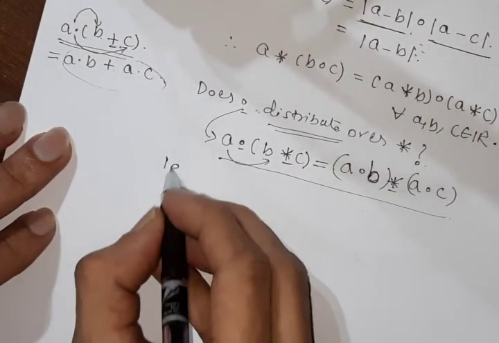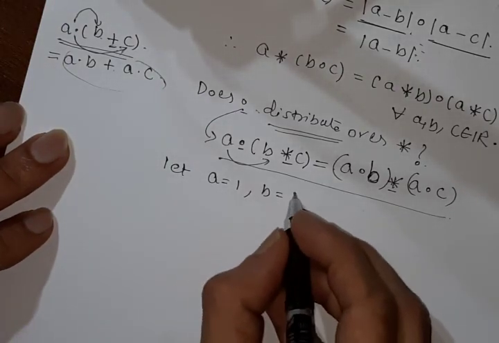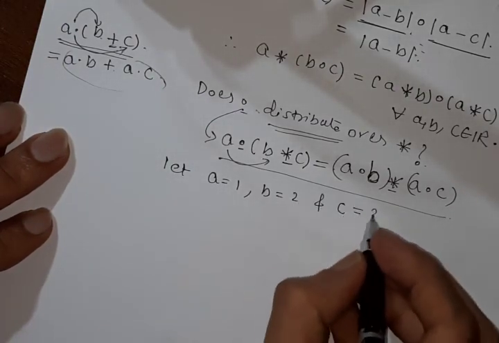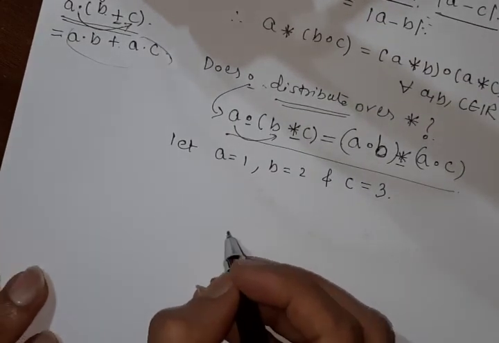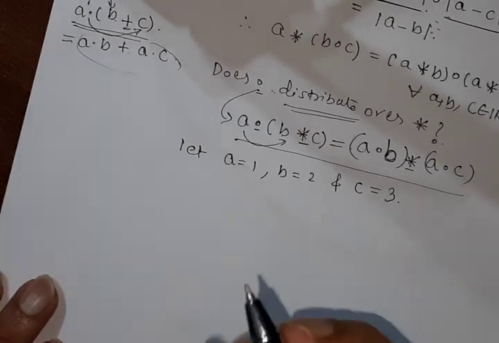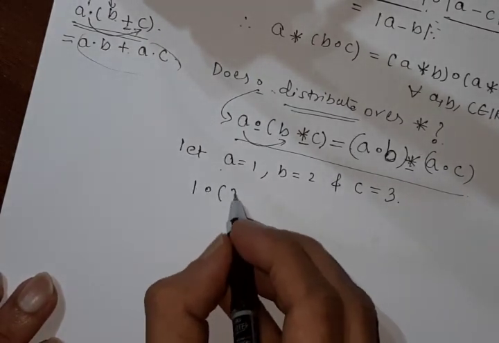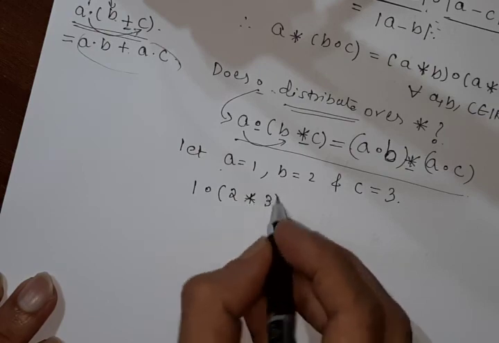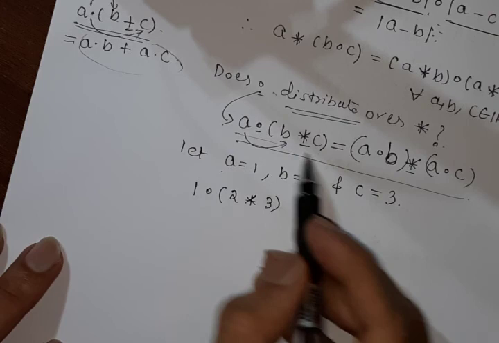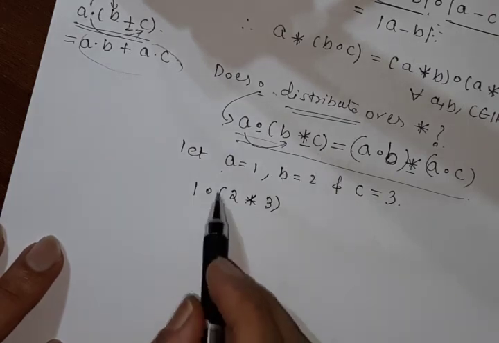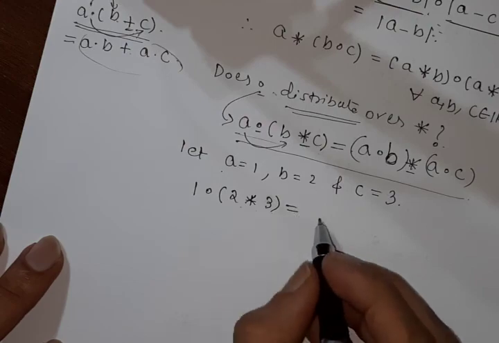Let us take an example. Let A be equal to 1, B be equal to 2 and C be equal to 3. You take this set of values. Now if you look at 1 O (2 star 3), that is what we have to check here. A O (B star C) means A O (2 star 3).